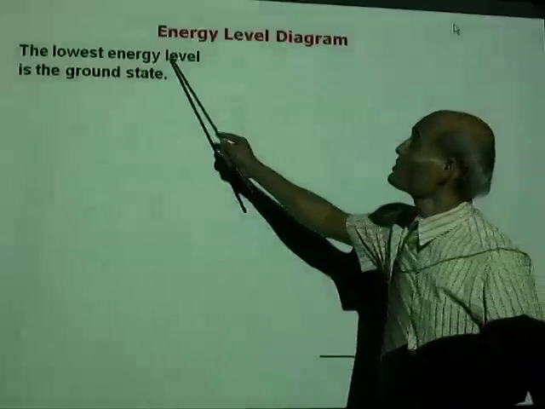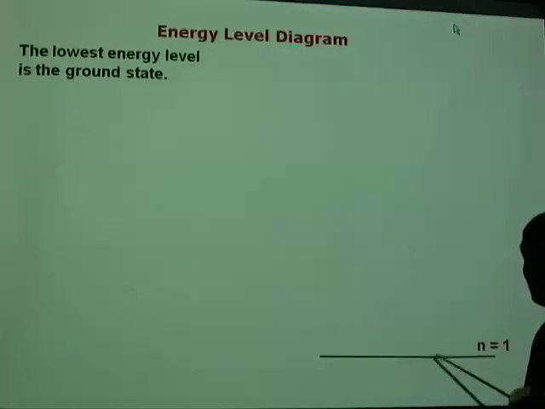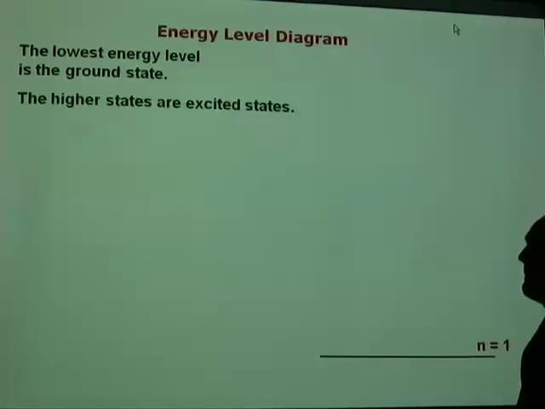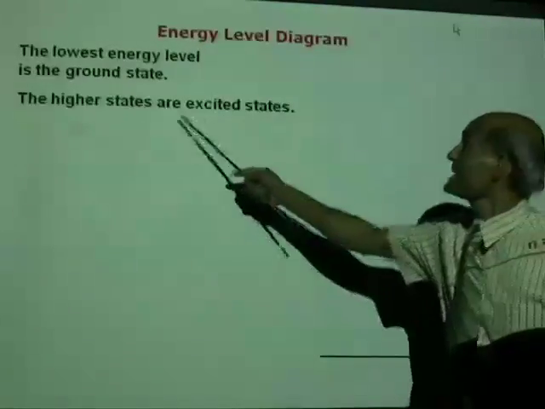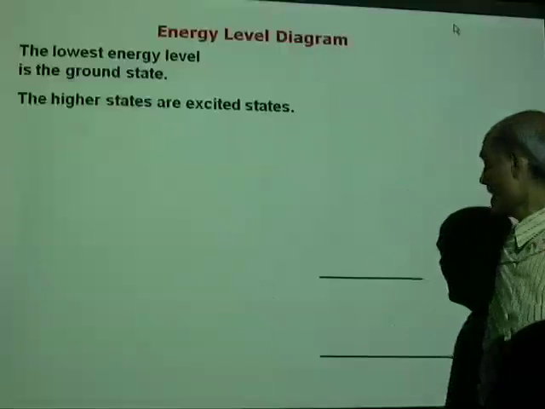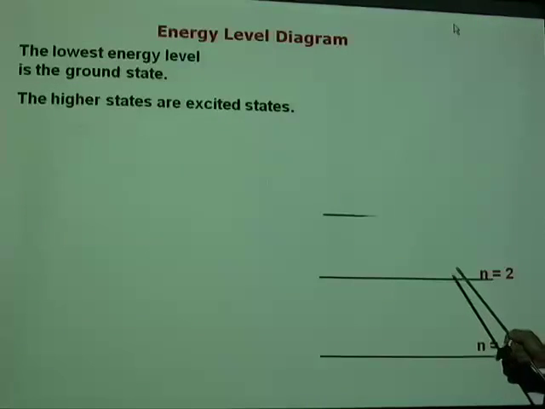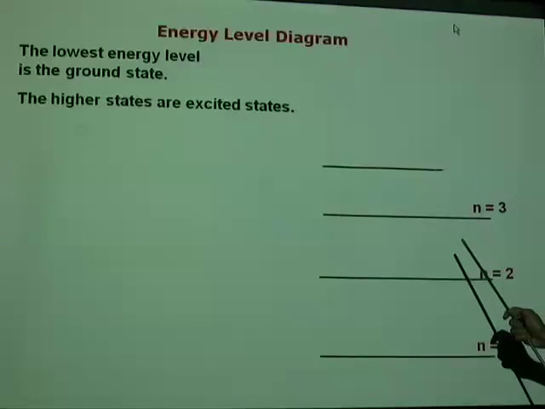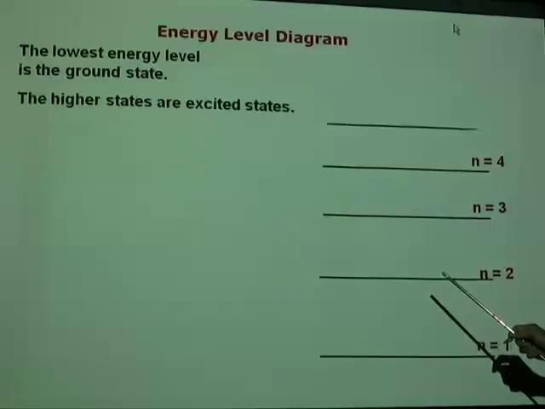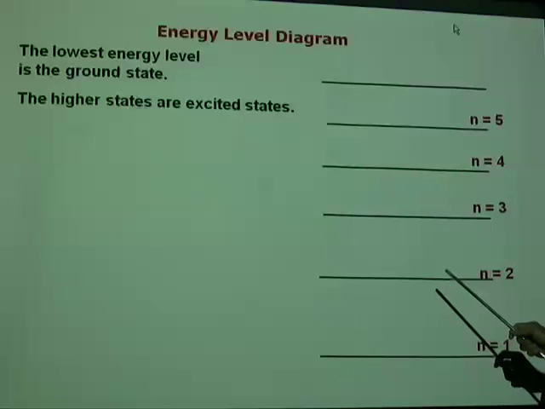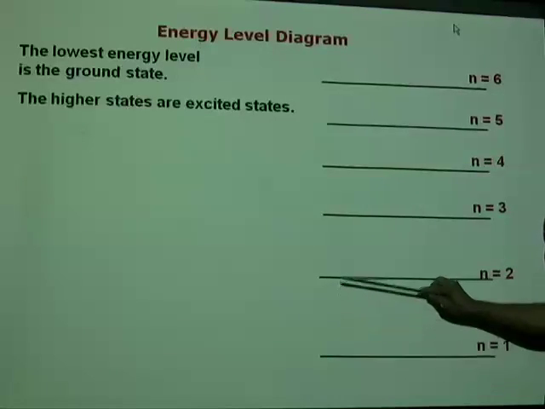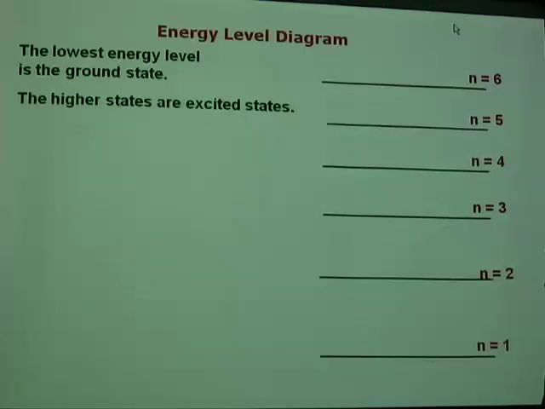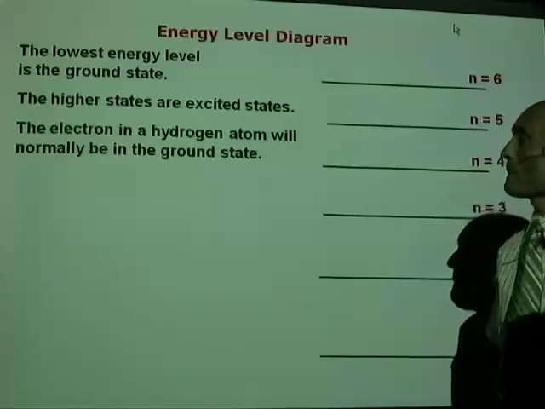The lowest energy level is the ground state, n equal to 1. The higher states are the excited states, n equal to 2, n equal to 3, n equal to 4, n equal to 5, and so on.